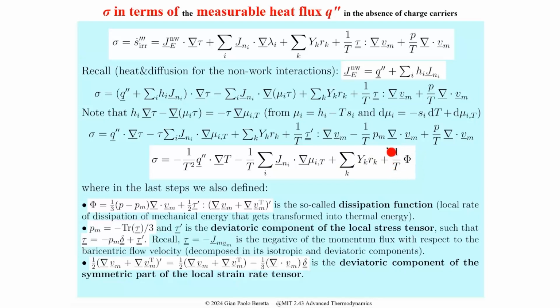And what is left here is the dissipation function, 1 over the temperature times the dissipation function. And here are the details of the dissipation function, if you are a fluid mechanicist. It has two contributions. It's not just the deviatoric part of the stress tensor and the deviatoric component of the strain tensor.